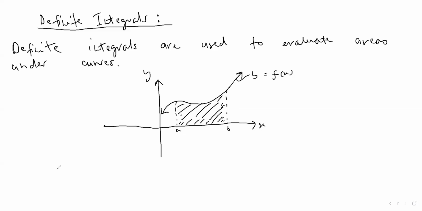To calculate this area, you can use definite integrals. The area of the shaded region is equal to the integral from a to b of the function f of x.